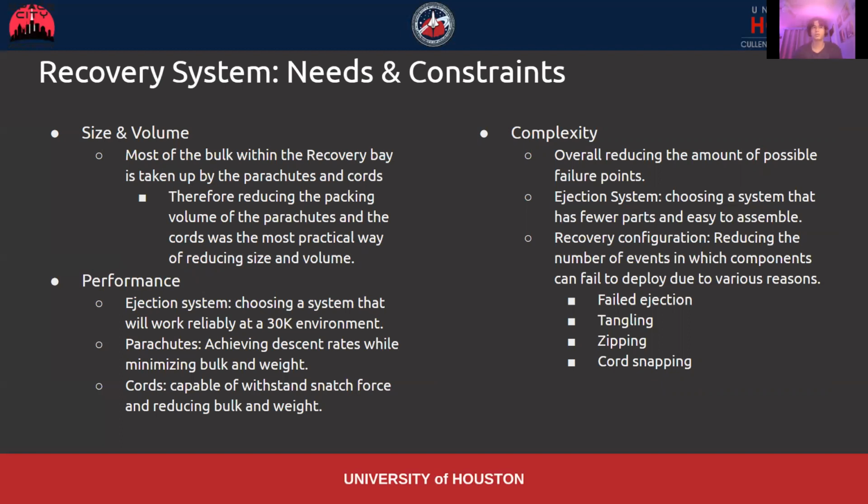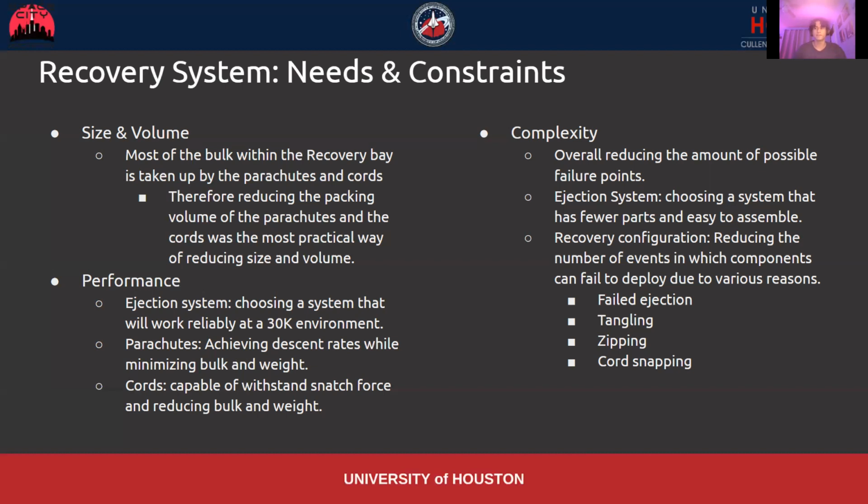Performance, that varies more between components, but in general, for something like the ejection systems, you want to choose something that will work reliably, especially at 30K, since we're going up that high. For the parachutes, I kind of already mentioned that. And same thing for the cords. Complexity, overall, reducing the amounts of failure points.